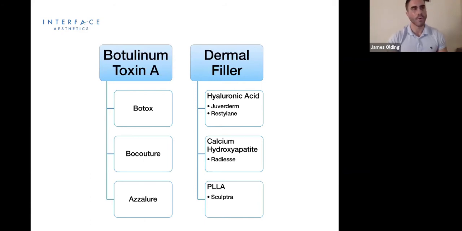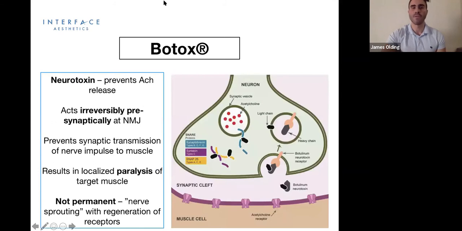So for example, hyaluronic acid-based fillers tend to be volumizers, whereas calcium hydroxyapatite and polylactic acid, they do provide some volumizing effect, more so calcium hydroxyapatite. However, they also have a biostimulatory effect, which basically means that they will actually promote fibroblast proliferation and help the body produce its own levels of collagen and elastin, etc.